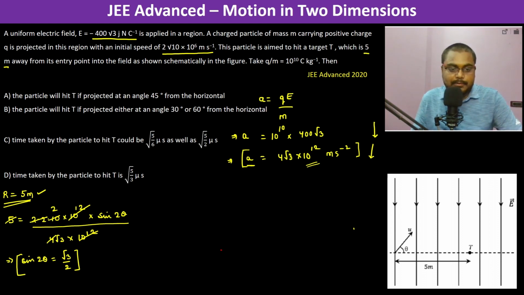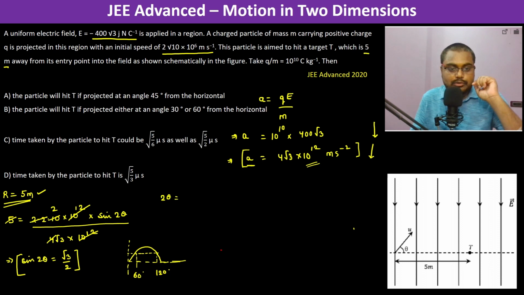Now sine 2 theta is root 3 by 2. Okay, so let us see the graph of sine. Sine 2 theta is root 3 by 2, so therefore theta should be, okay, 2 theta can be either 60 degree or 2 theta can be 120 degree. Okay, so don't make the mistake of writing 2 theta only as 60 degree.